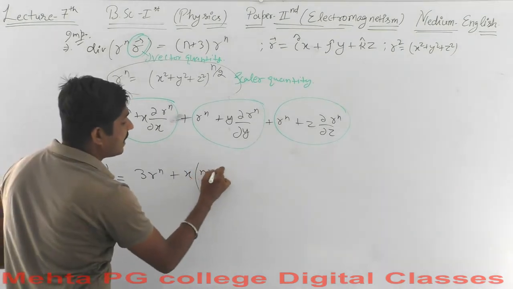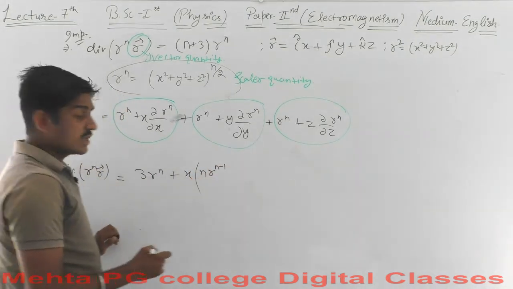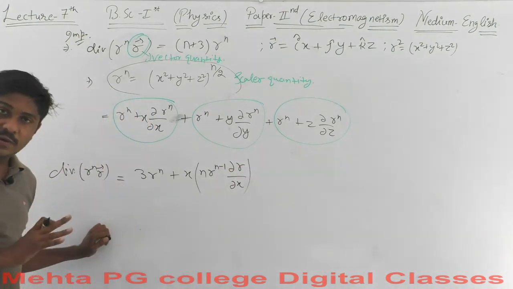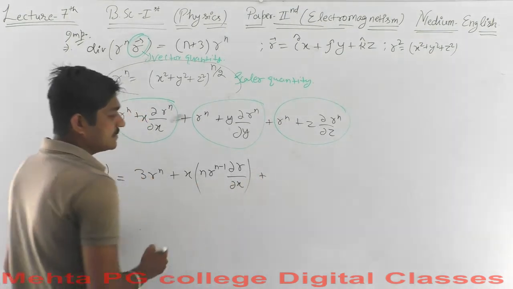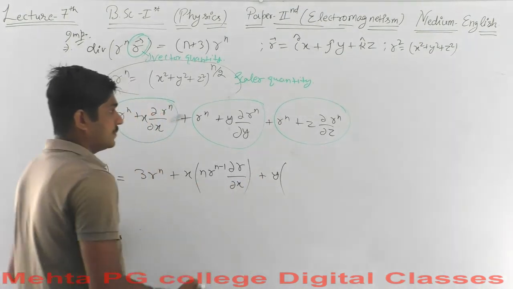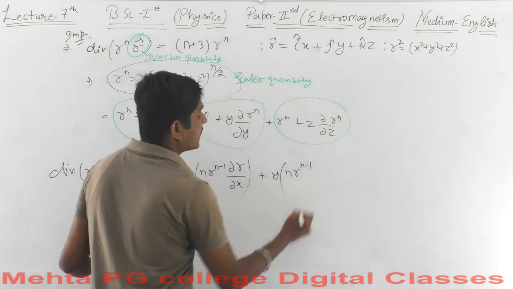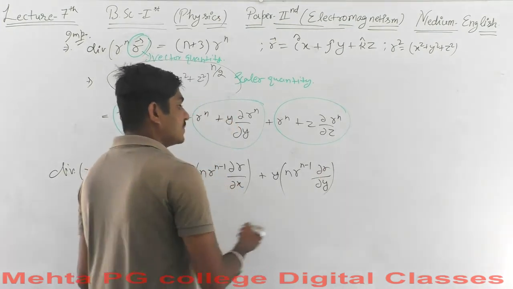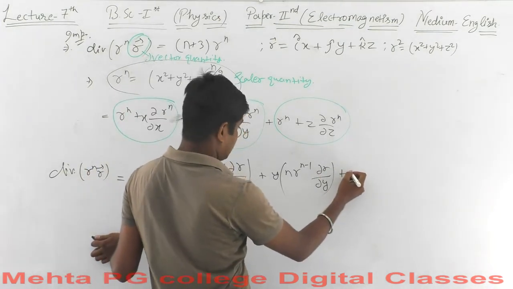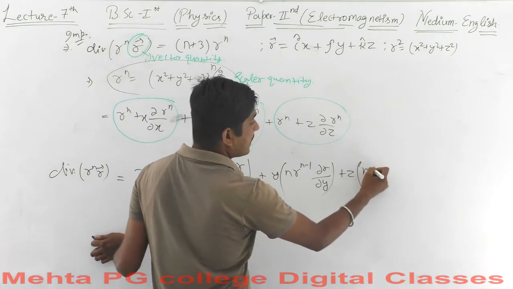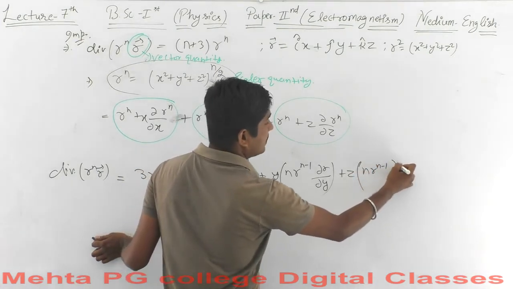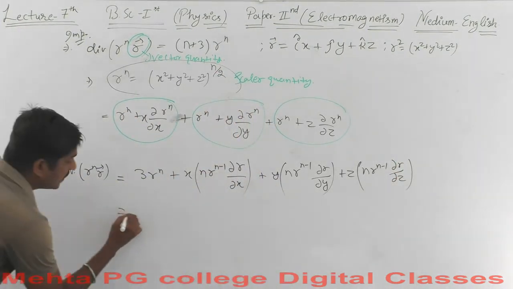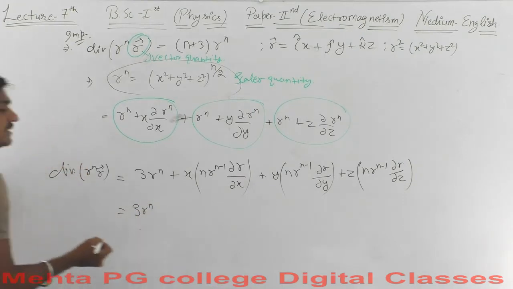The value will be n r raised to power n minus 1, the derivative of r with respect to x, plus y n r raised to power n minus 1 times the derivative of r with respect to y, plus z n r raised to power n minus 1 times the derivative of r with respect to z. So this is it. Again, 3 r raised to power n.